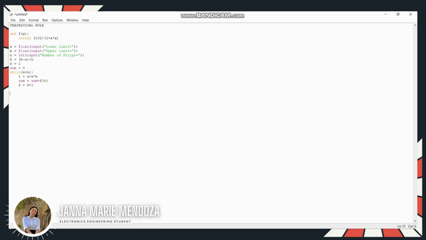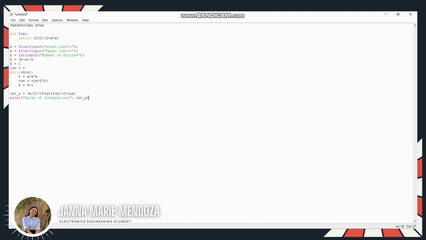Then, inserting the formula of the trapezoidal rule, which is represented by int underscore a, is equal to h over 2 multiplied by f of a plus f of b plus 2 times sum. Then we print the value of integration, which is print, value of integration equals int a.